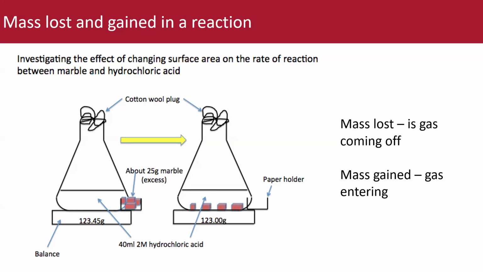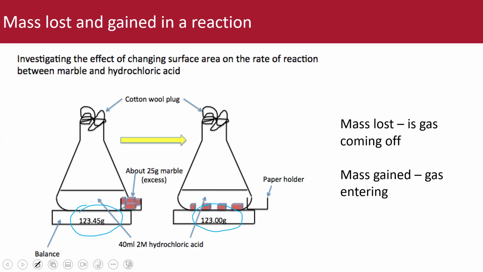In an experiment, if you see your starting mass is 123.45, you then do your experiment and the mass has gone down, you've got to wonder why on earth, if you've done an experiment, has the mass gone down?